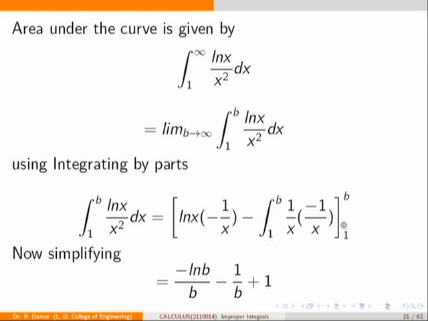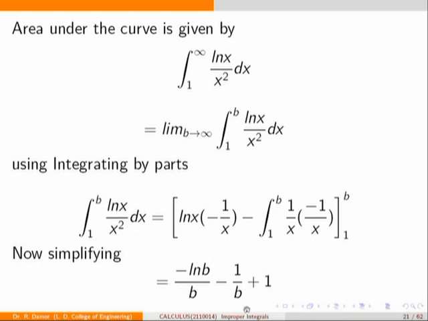Whenever I put down these two limits, it is upper limit minus lower limit. So upper limit minus lower limit is nothing but minus ln b upon b minus 1 upon b plus 1. This is the value of the integral from 1 to b of ln x upon x square.